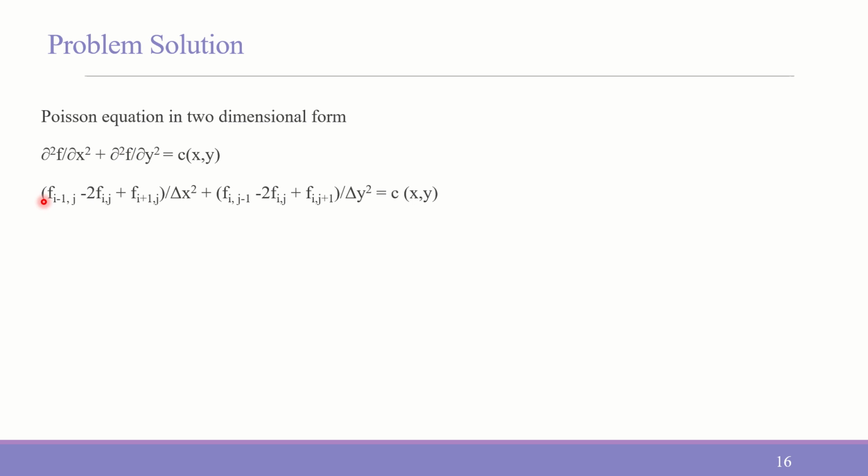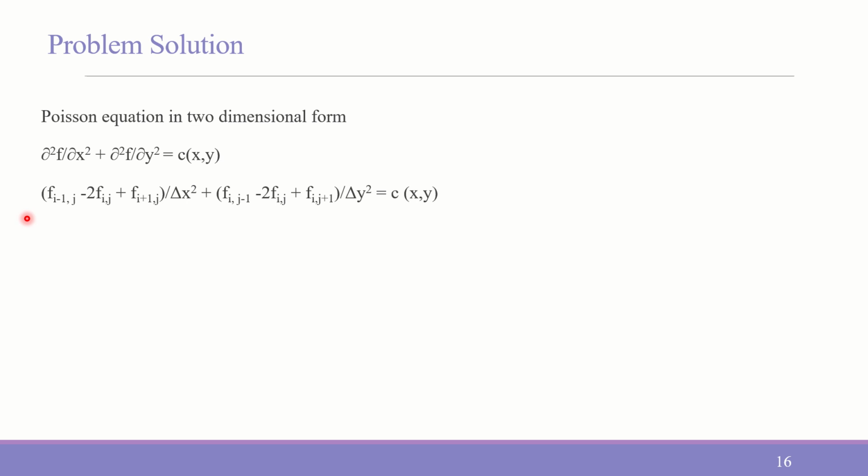form as f at i minus 1 comma j minus 2 times f at i comma j plus f at i plus 1 comma j, divided by delta x square, plus f at i comma j minus 1 minus 2 times f at i comma j plus f at i comma j plus 1.